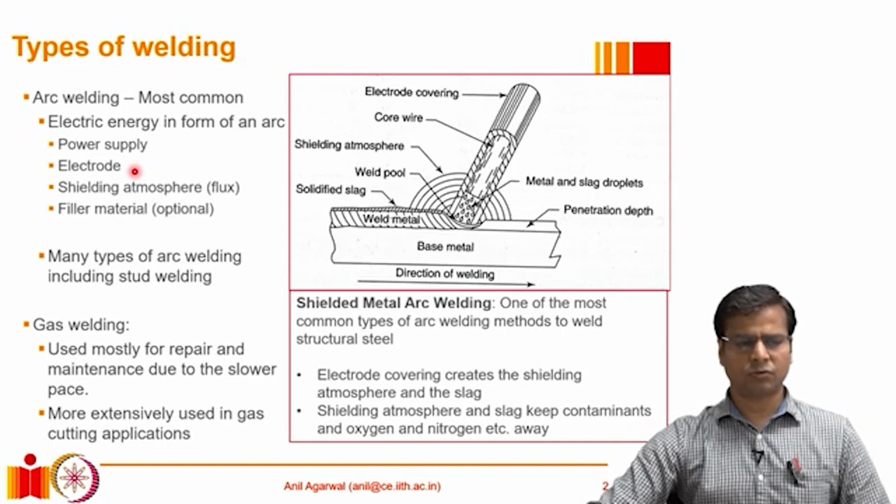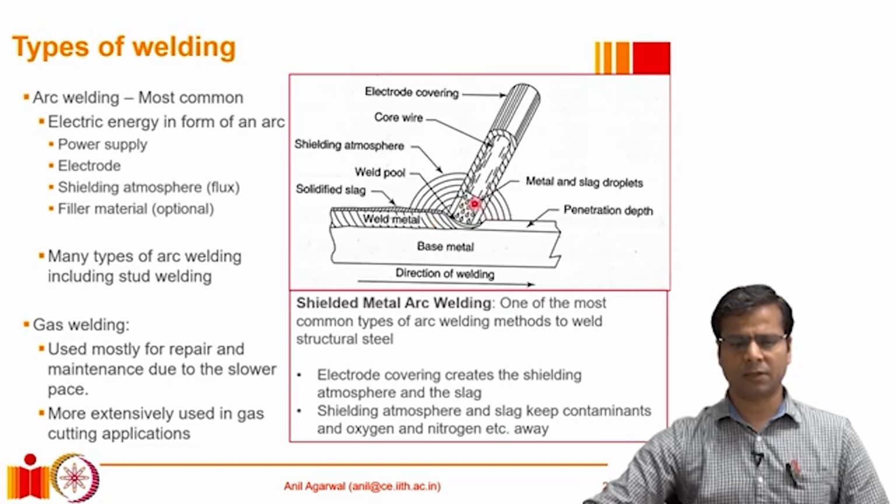The basic constituents usually used in arc welding include power supply, an electrode, and some kind of a shielding atmosphere. We require a shielding atmosphere because metals, when they are melted, at a very high temperature, are likely to oxidize, and oxidation can make them brittle and lose strength.